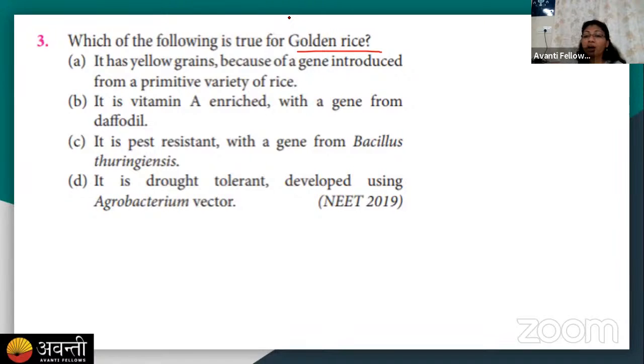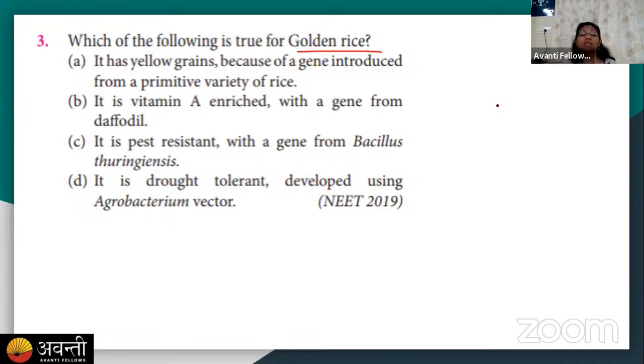So all of you have chosen option B. Yes, that is the correct answer, because we know rice is a staple food in India, but it is deficient in vitamin A, due to which many people have the problem of night blindness, which is caused by vitamin A deficiency.